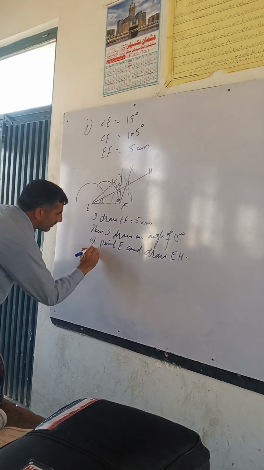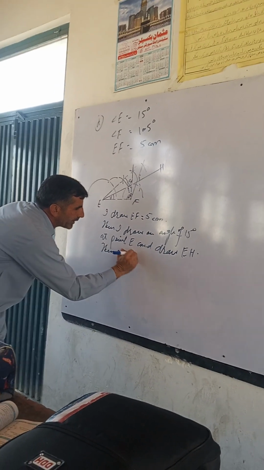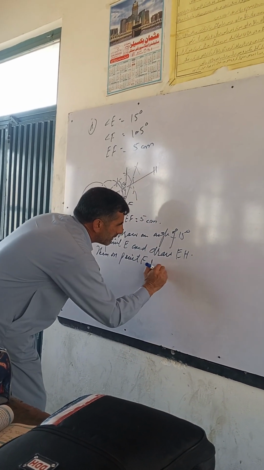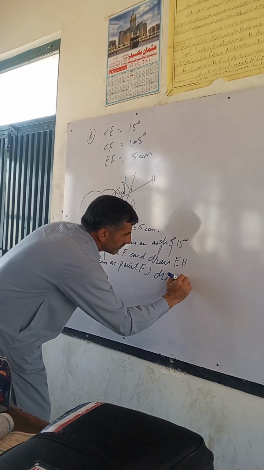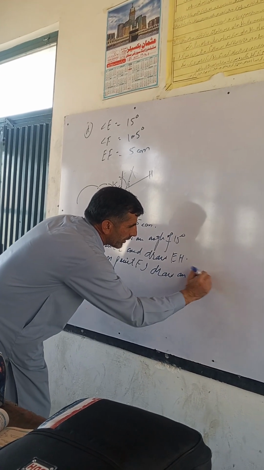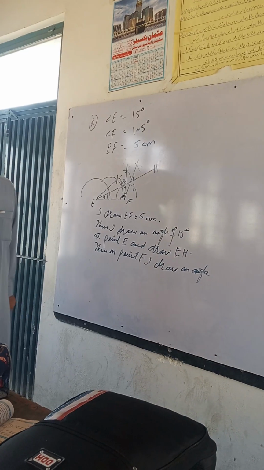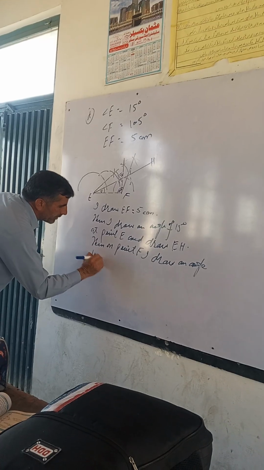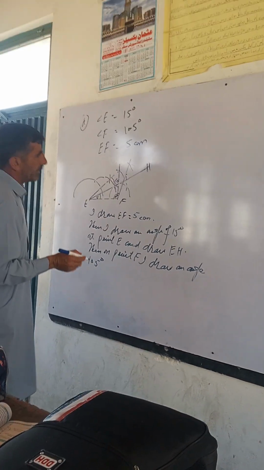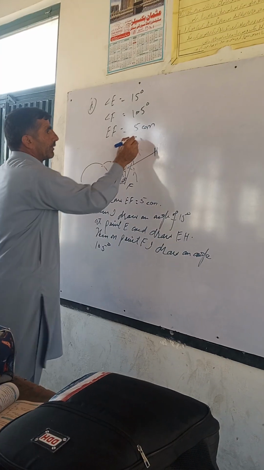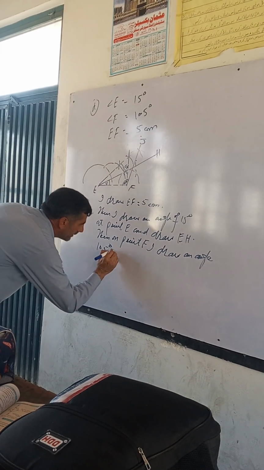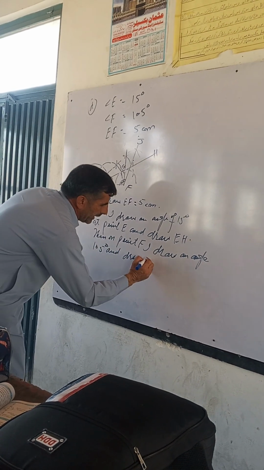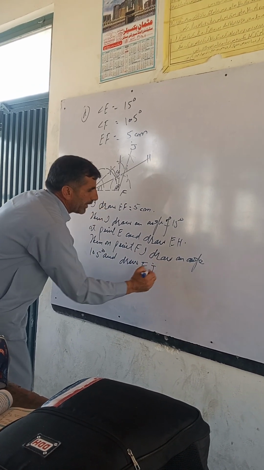Now on point F, I draw an angle of 105 degree and draw FJ.